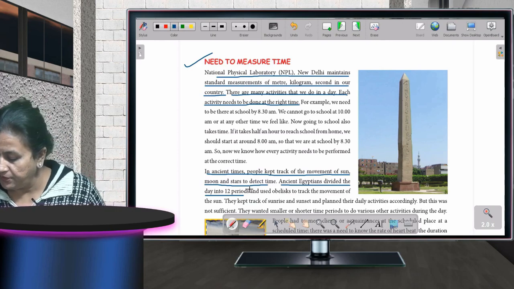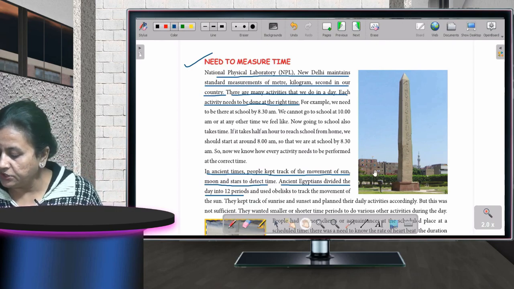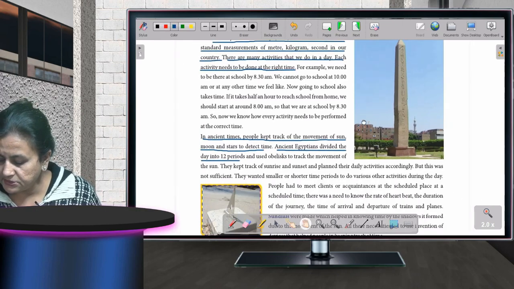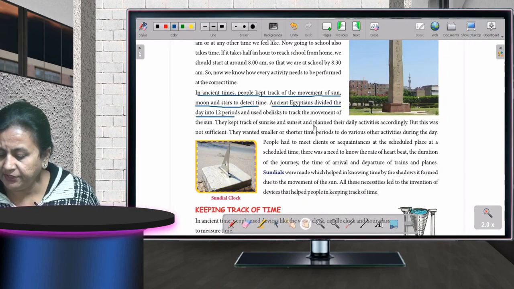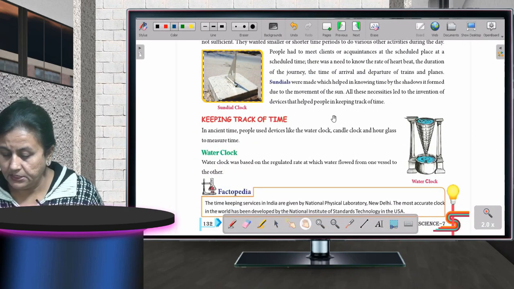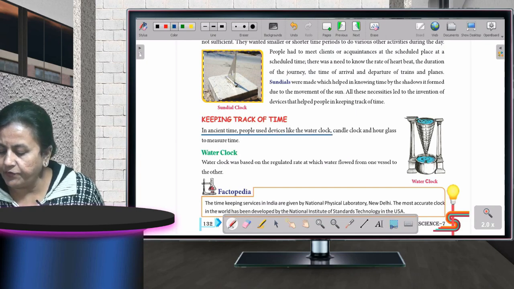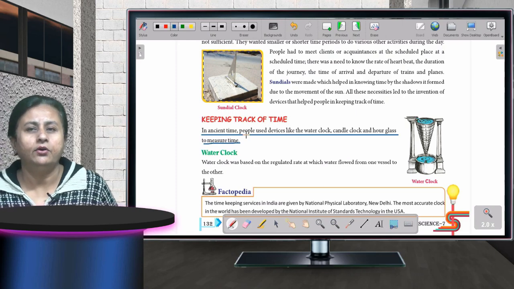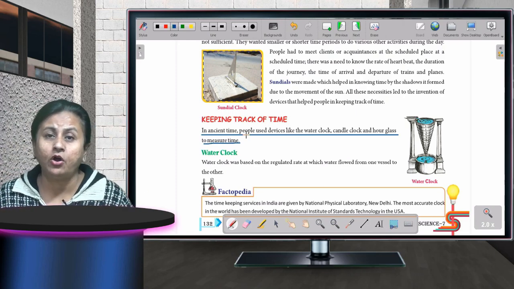Fine, children? So there are many things which are helping us to know the time. First is, how can we keep track of time? In ancient times, people used devices like water clock, candle clock and hour clock to measure time. Long back.